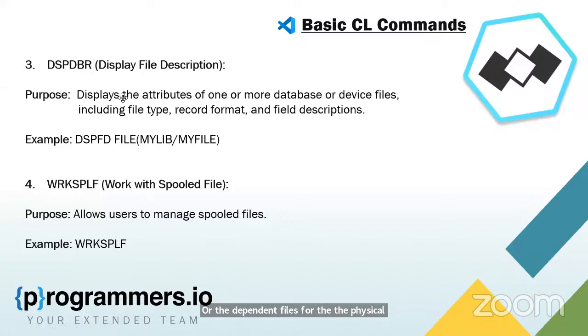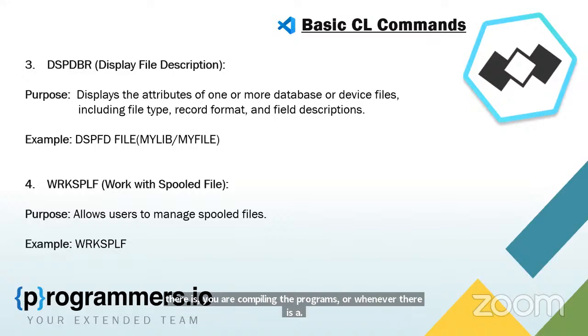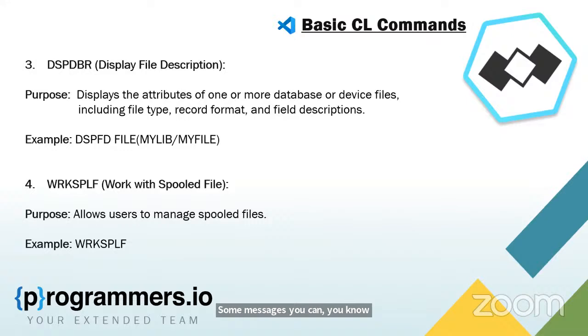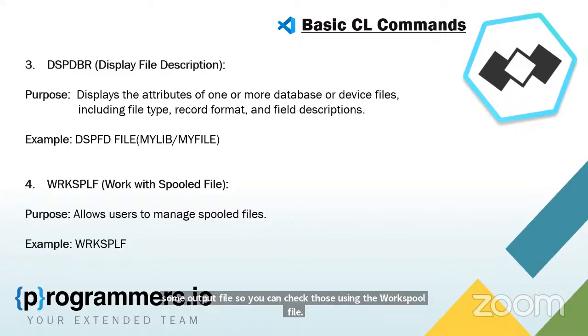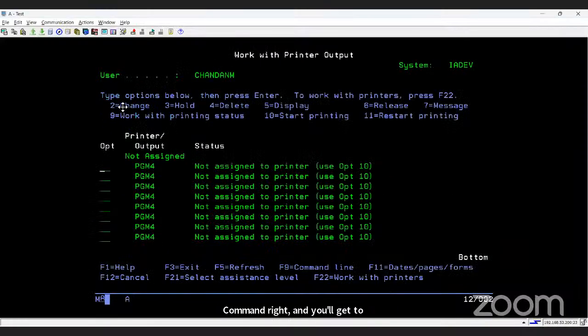Next is work spool file, which you already know how to use to work with spool files. Whenever you are compiling programs, or whenever there are messages or some output file, you can check those using the work spool file command. And you'll get to see all the spool files. So just a quick overview again.